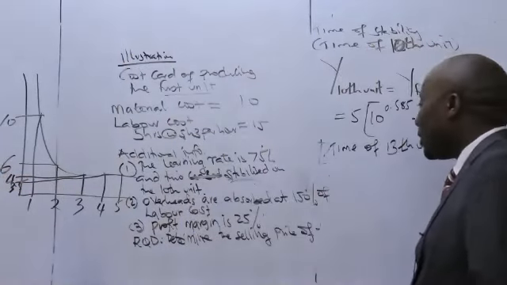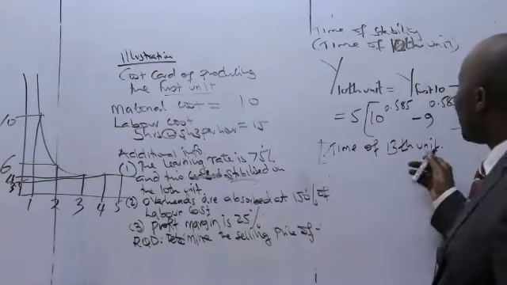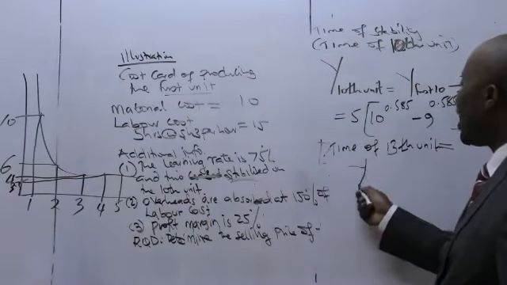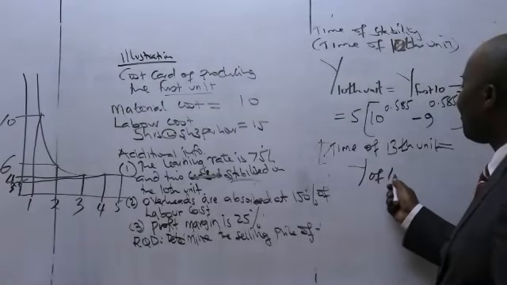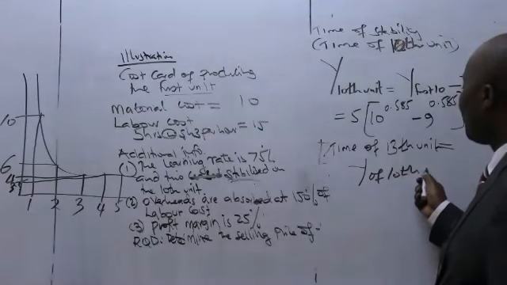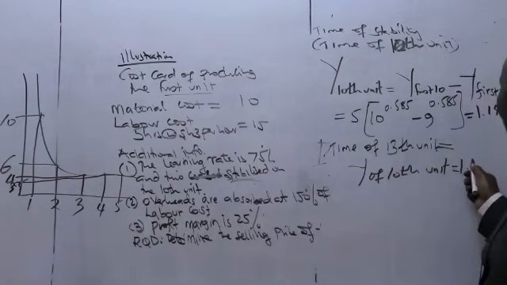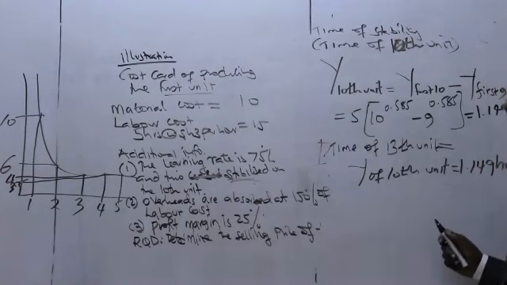So what I expected someone to tell me here is that the time of the 13th unit is exactly equal to the time of the 10th unit, which equals 1.149 hours. Why?